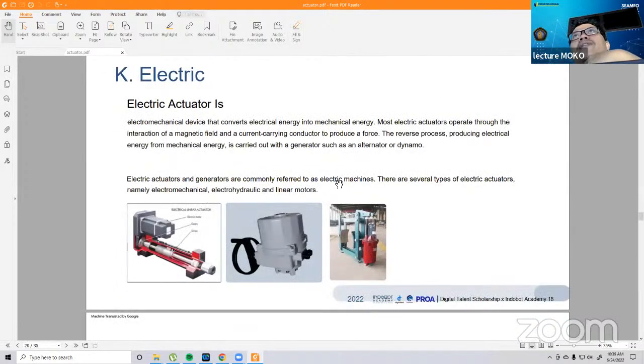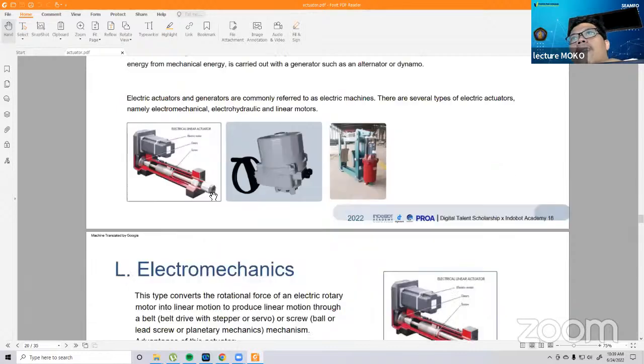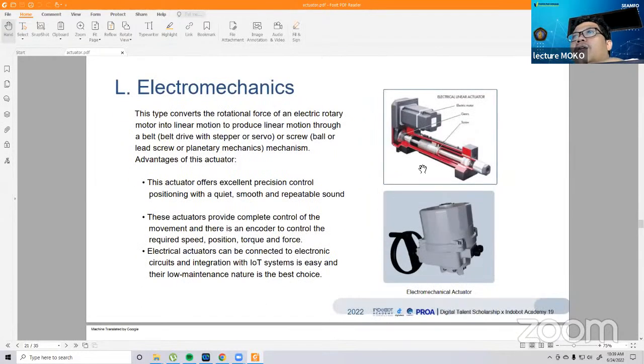And another source of energy to drive the actuator is electric signal. We can use a DC system or an AC system. So this is some example of an actuator that uses electric signal. We call it electromechanical. We use a motor here, and there is a gearbox mechanism to drive this part.